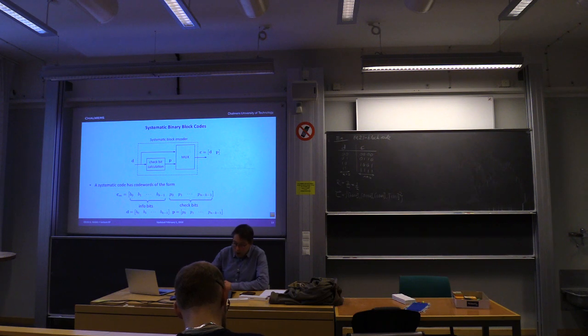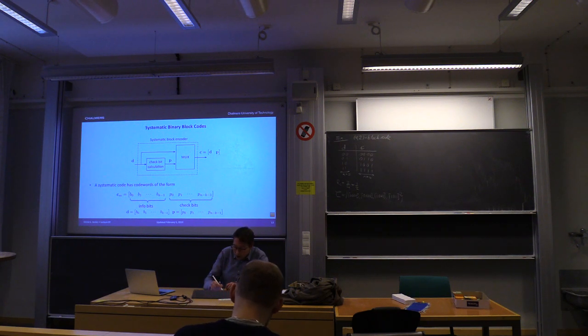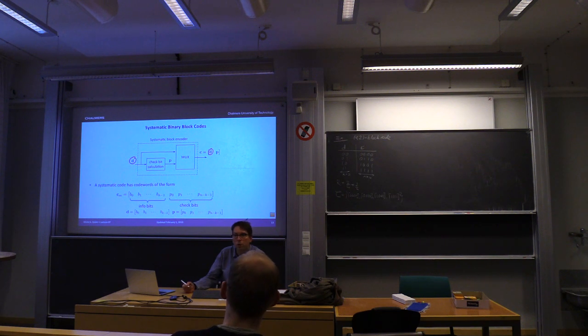Okay. Again, the input is the data word and the output is the code word. It's just that the code word consists of 2 distinct parts. Essentially, the data word is the first k bits of the code word.